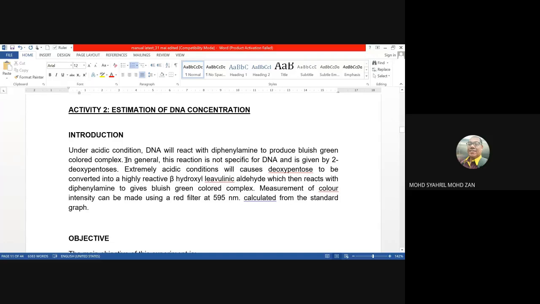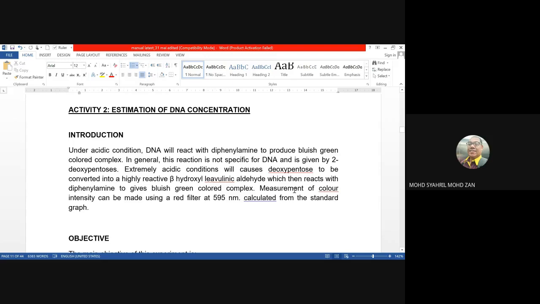In general, the reaction is not specific for DNA actually. It's given by 2-deoxypentose. Okay, so why are we using extremely acidic condition? It will cause deoxypentose to be converted into highly reactive beta hydroxy levulinic aldehyde, which then reacts with the diphenylamine to give a bluish green color complex.